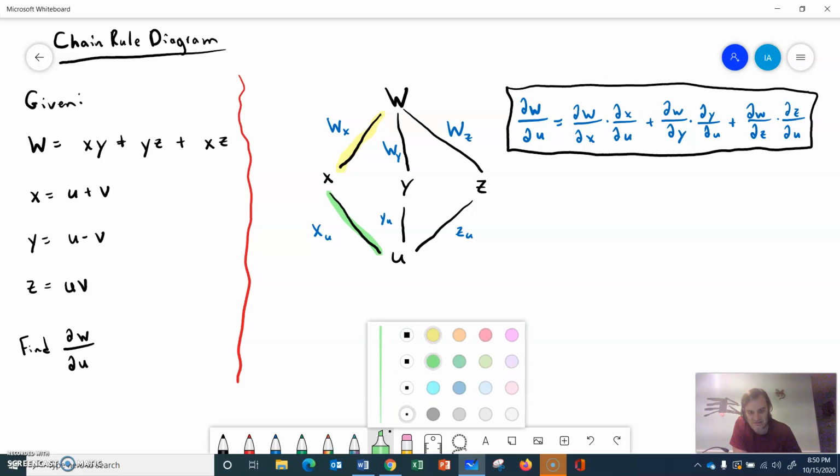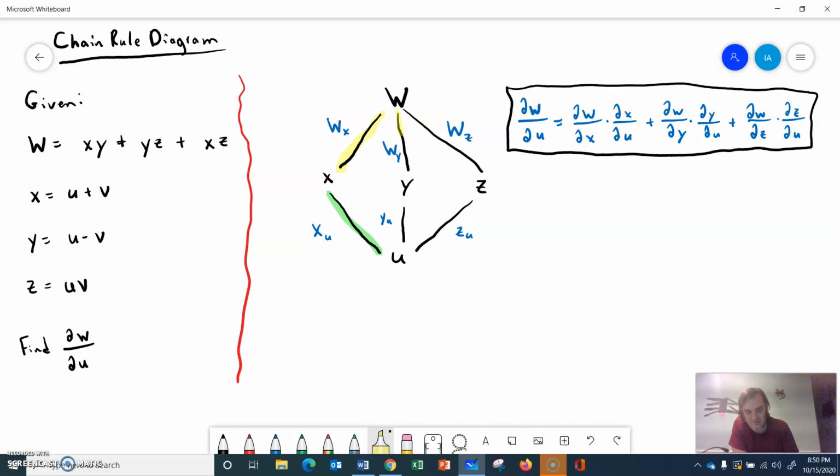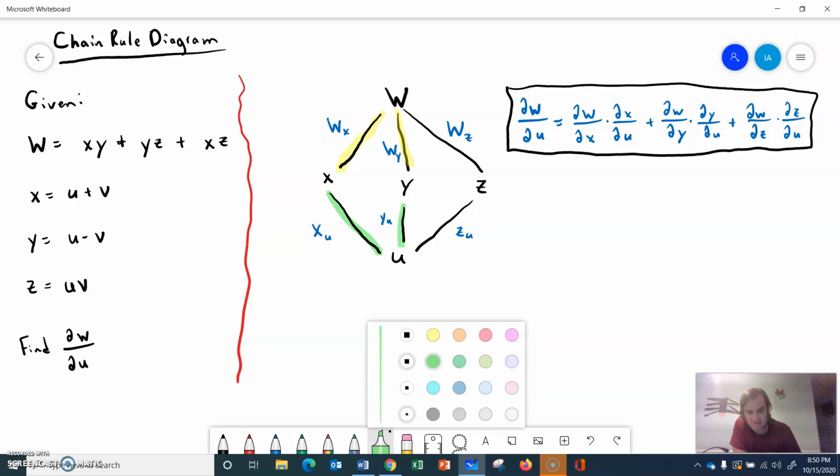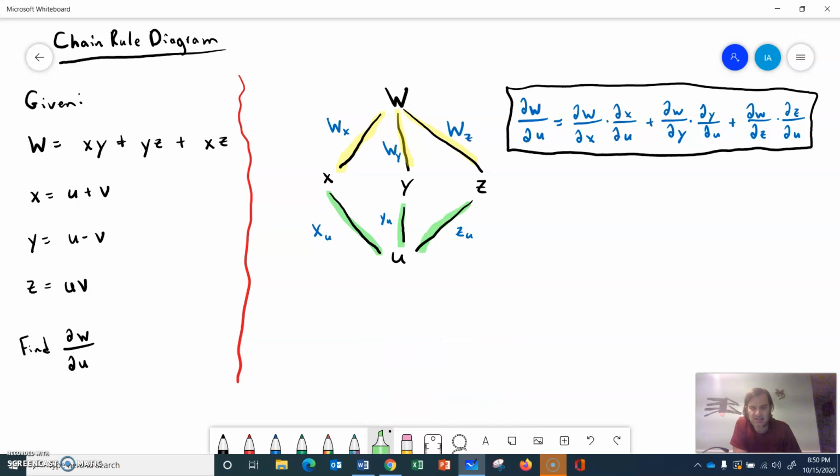And then we add to it the y component and the corresponding u component for y. And we also have the partial with respect to z, and then the partial of z with respect to u. So we have the whole thing here, so if we connect it, we're just bringing down each little section.